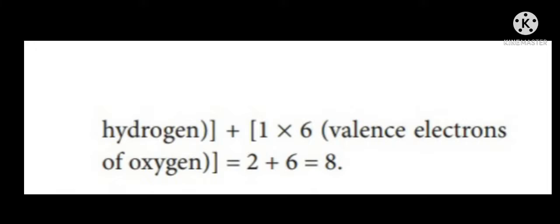In this 1 into 6, the 1 represents the number of oxygen atoms, where 6 represents the number of valence electrons in oxygen. Therefore, 2 into 1 plus 1 into 6 is equal to 2 plus 6, which is equal to 8. Therefore, the total number of valence electrons in the water molecule is equal to 8.